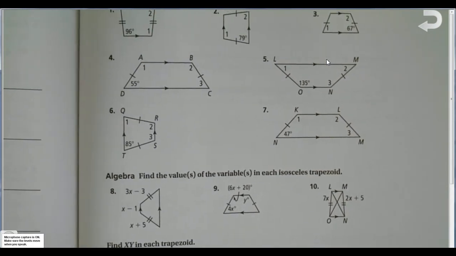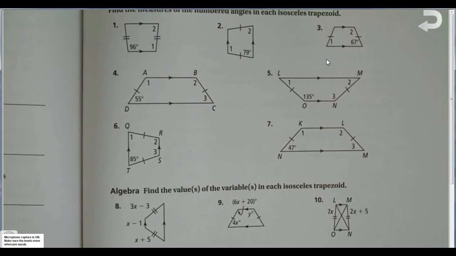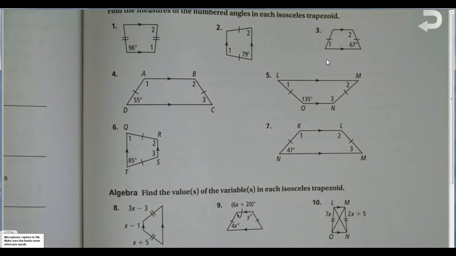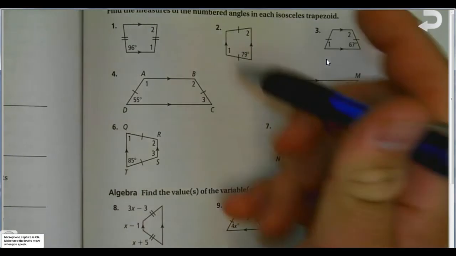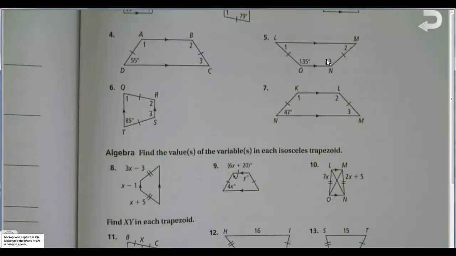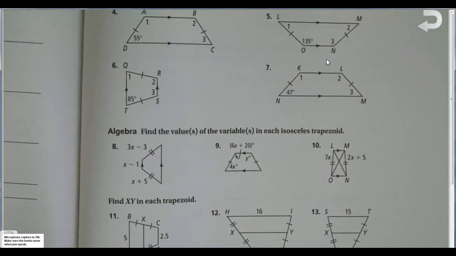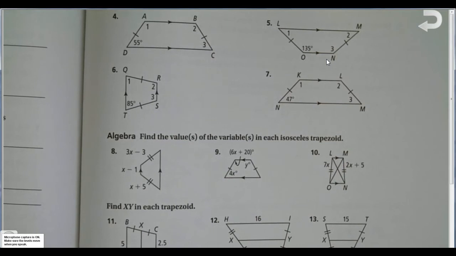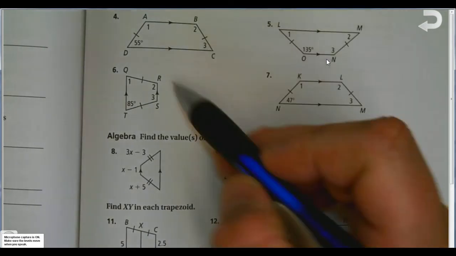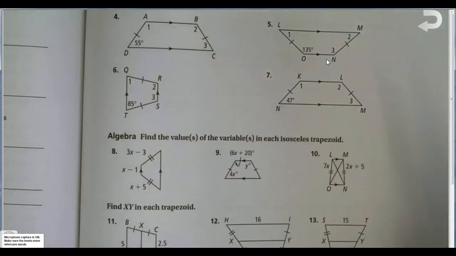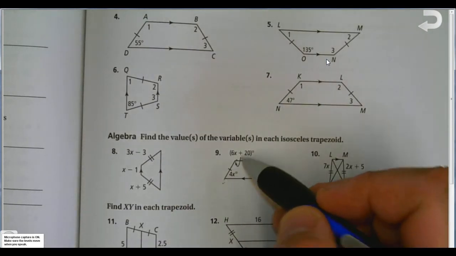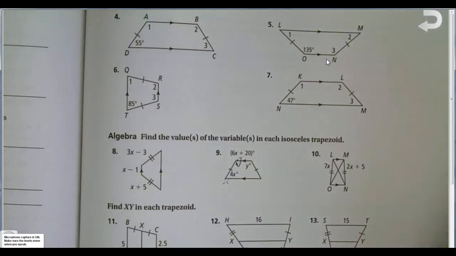It says, find the value of the angles. Well, we just talked about 1 through 7 pretty well, and you should be able to name all four angles. And then in 8 through 10, it says find the value of the variables in each isosceles trapezoid. Well, again, we talked about that as well. If these two are congruent, you can solve for x. We know how much these two angles should be equal to each other, and then we know how to solve for those.